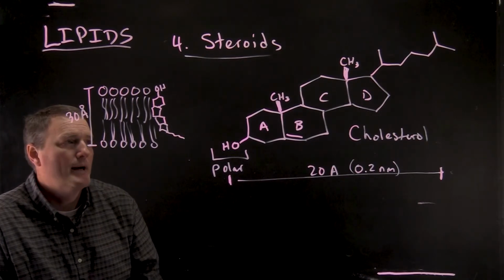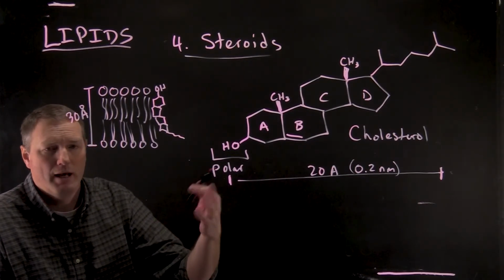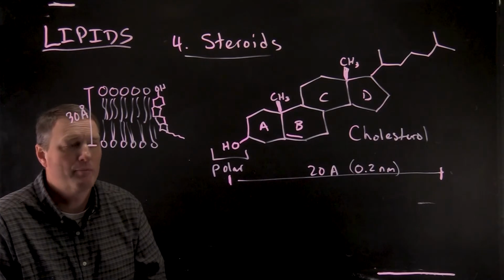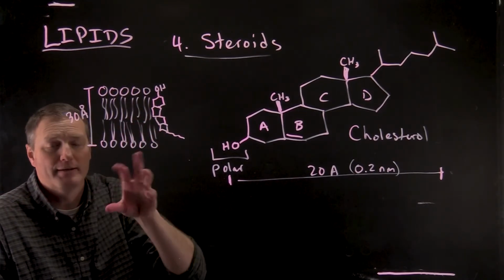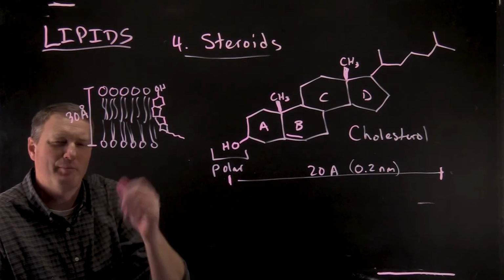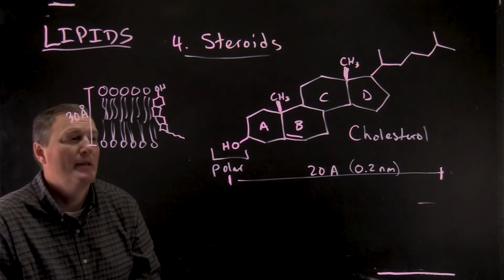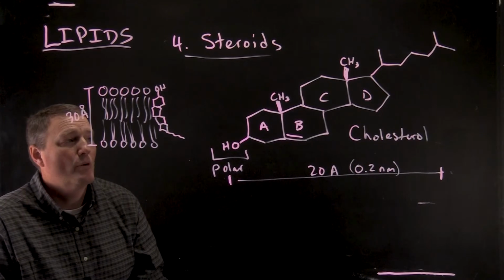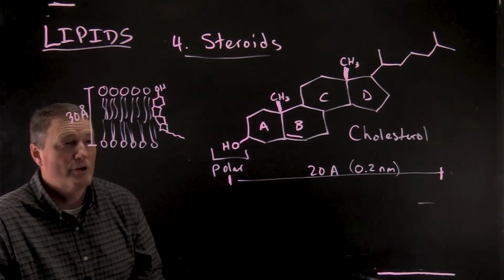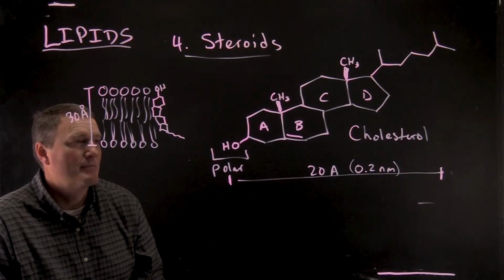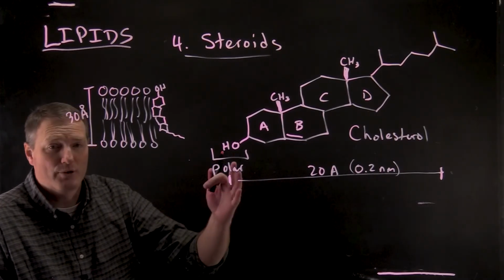So in general, the more cholesterol that's present in membranes, it tends to make the membranes a little bit less fluid. It tends to make them more compact and a little bit more brittle. Whereas if you lower the amount of cholesterol, it tends to make them a little bit more fluid. That's a general rule of thumb, not always the case.